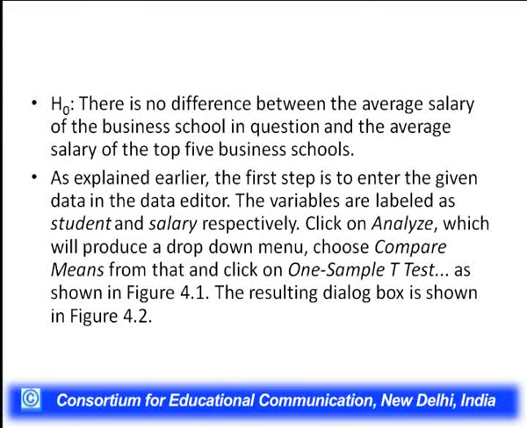As explained earlier, the first step is to enter the given data in the data editor. The variables are labeled as student and salary respectively. You have to click Analyze, which will produce a drop-down menu, choose Compare Means from that and click on one sample t-test as shown in figure 4.1.